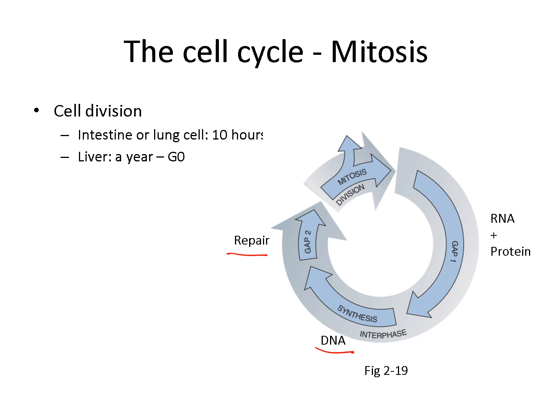The lung cells are the same. The time for lung and intestine cells is very fast, about just 10 hours for one cell to become two cells. But in the liver, it takes a year for one cell to double.